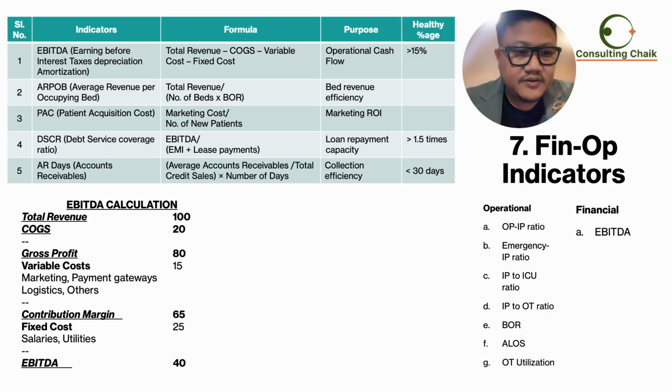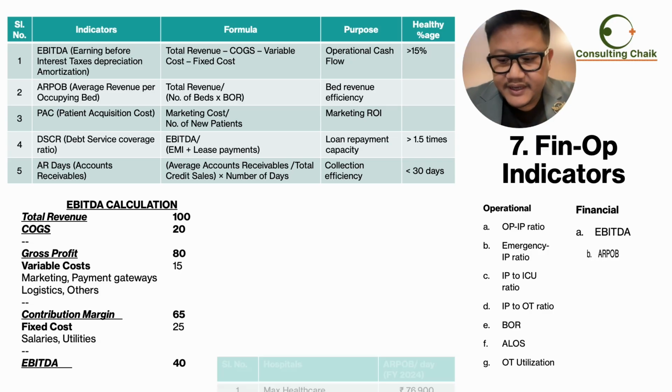Then what you get is your gross profit. From gross profit you subtract your variable cost, then you get your marginal cost, then you subtract your fixed costs like salary, utilities, all that. Then what you get is EBITDA. The purpose of calculating EBITDA is to see if your operational cash flow is good. EBITDA more than 15% is a healthy EBITDA.